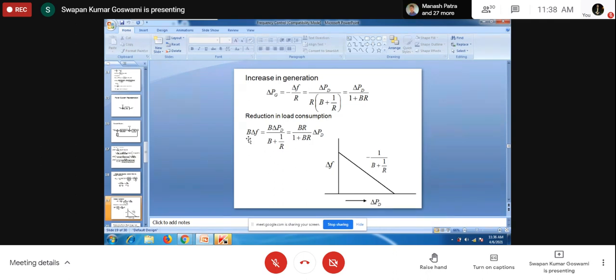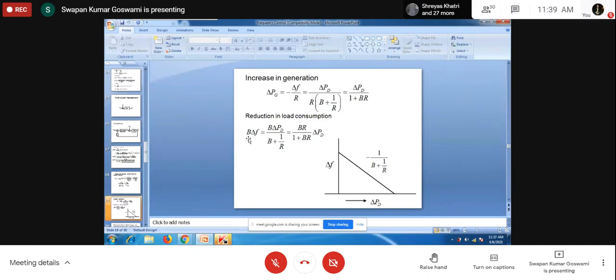By consuming more power, the load is reducing the variation in frequency, putting a brake on it. When the load increases, by the action of B there is a brake applied to the reduction in frequency. Similarly, when the load is reduced, there is a brake to the increase in frequency.